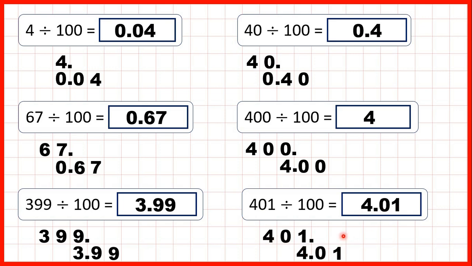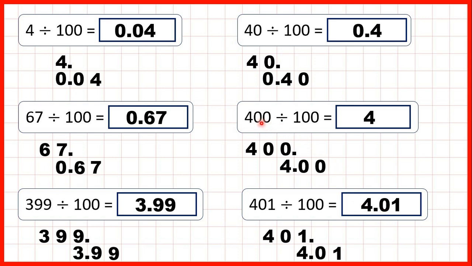And this time we need to remember to include this 0, because it's between other digits, so it's a placeholder. If we didn't write this 0, the 1 would be in our tenths column, but we need to show that the 1 has moved 2 squares across, so is now in our hundredths column. That's why we need a 0 in our tenths.